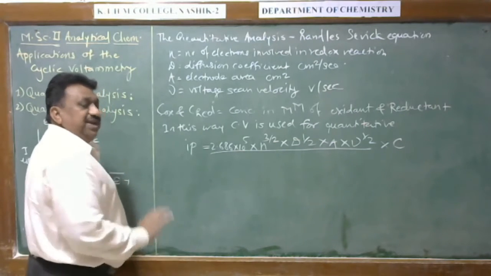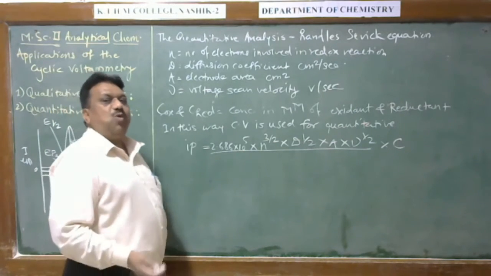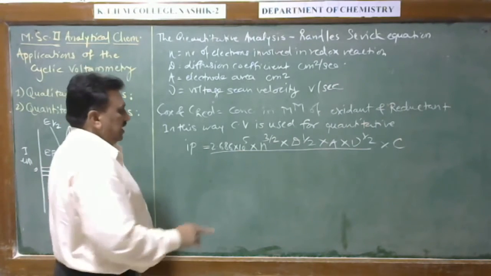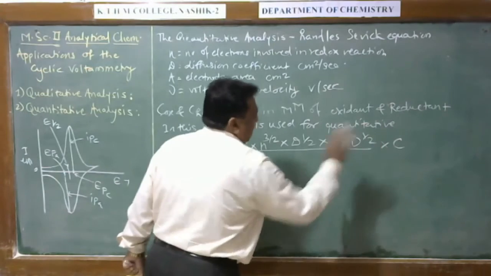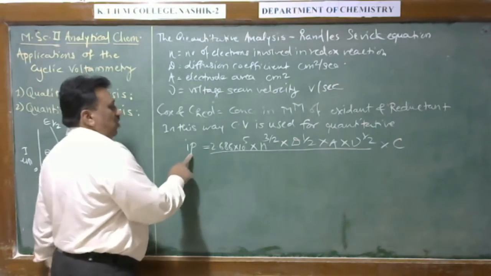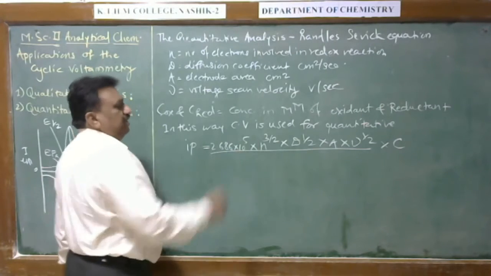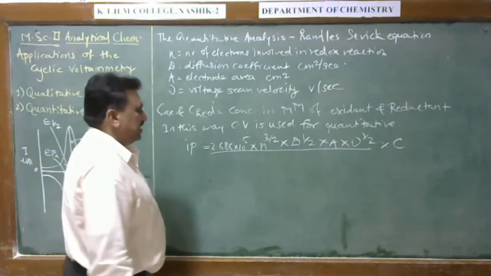It is a comparative method, which means we have to perform a similar experiment for the standard solution also. Then all other parameters are constant. Current for standard and concentration of standard can be utilized for determination of concentration of sample.